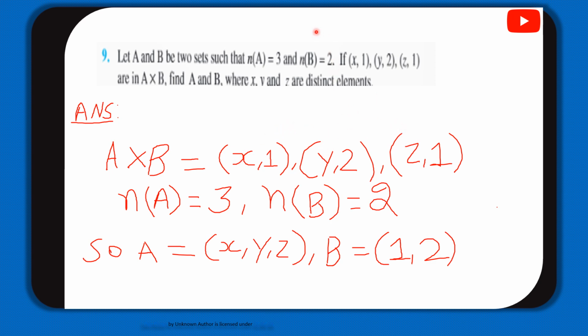Since the number of elements of B is 2, the set B must contain distinct elements. The elements of B are the second elements of the ordered pairs in A × B, which are 1 and 2, distinct elements. So B is equal to {1, 2}. The sets are A = {x, y, z} and B = {1, 2}.